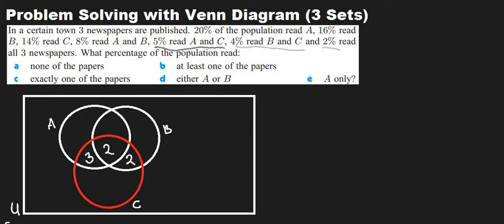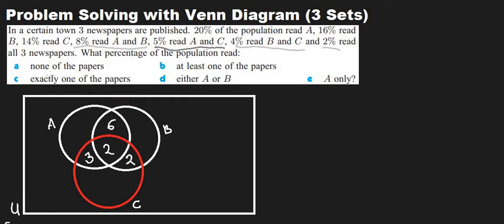Now we go backward. 8% read A and B. The intersection between A and B is this. It should be 8, but it's taken by this 2%. So we have 8 minus 2 is 6. So this one should be 6.